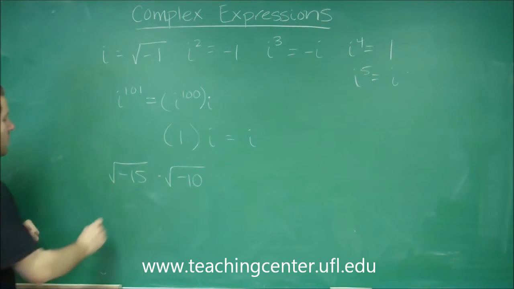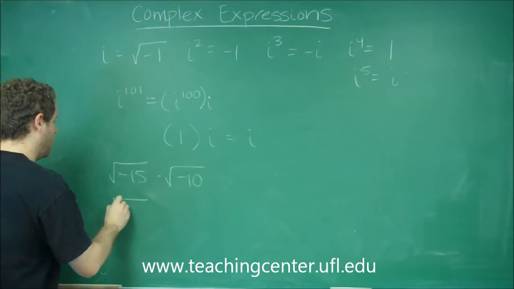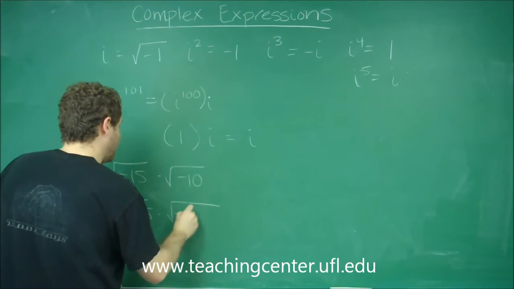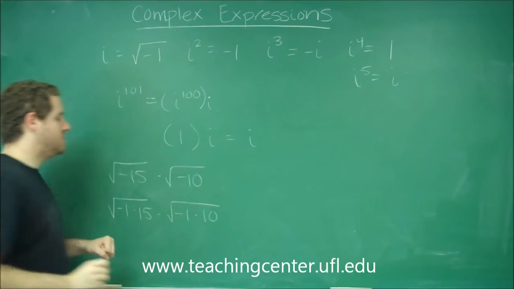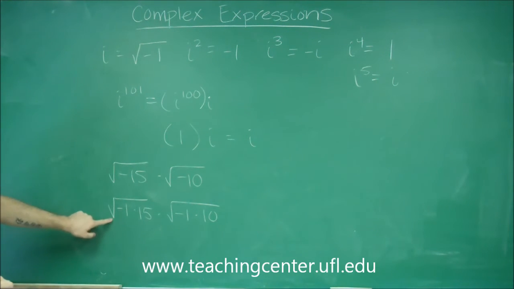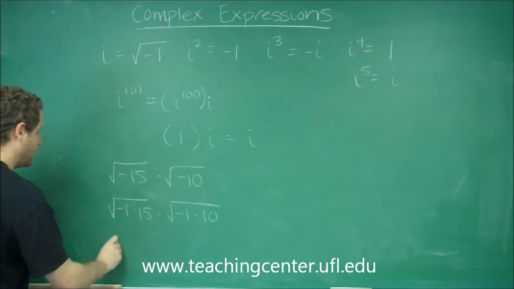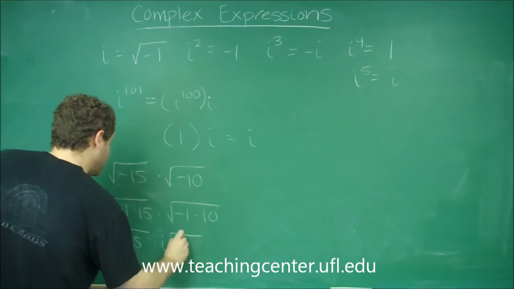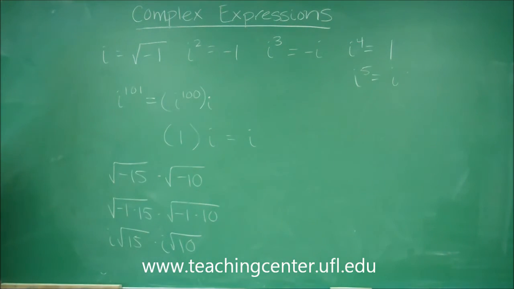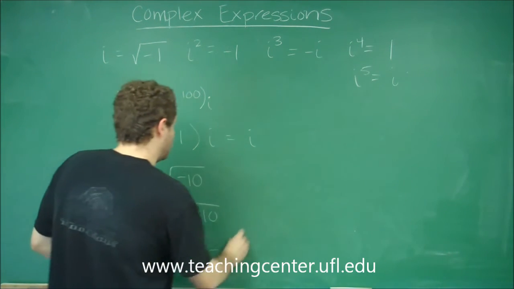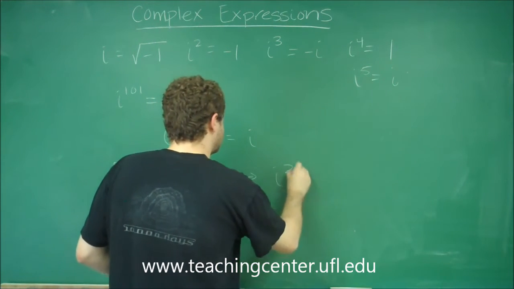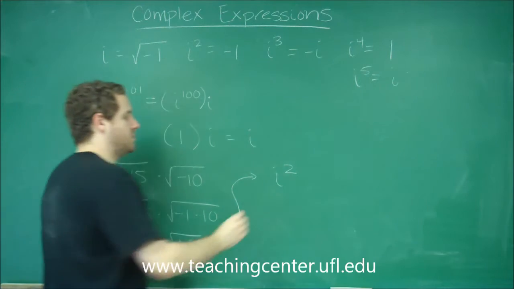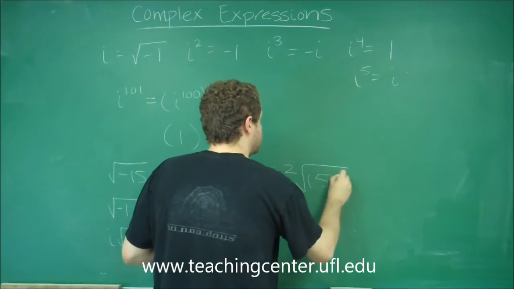However, we know this is the same thing as the square root of negative 1 times 15, times the square root of negative 1 times 10, using the complex numbers, and the square root of negative 1 is i, so this can be factored out of both of these. Now we can group the i's together at the beginning and get i squared, and now if you just have root 15 times root 10, that is simply root 150 because you multiply those together.